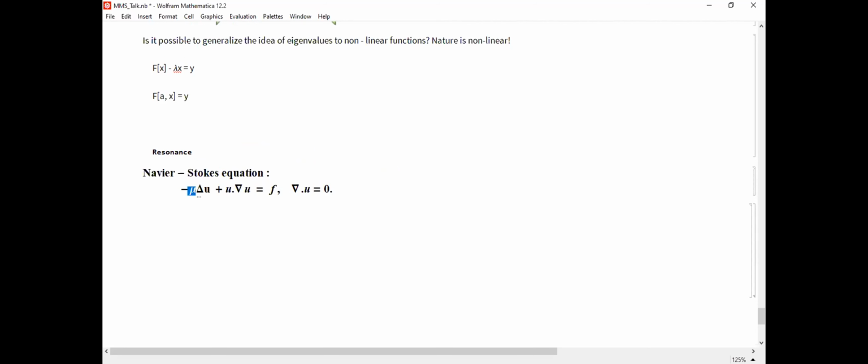So the question is whether this set of equations is well behaved, or is there some specific value, probably mu equal to 0, where this equation breaks down? Whoever can answer that will win one of the prizes of this Millennium competition.